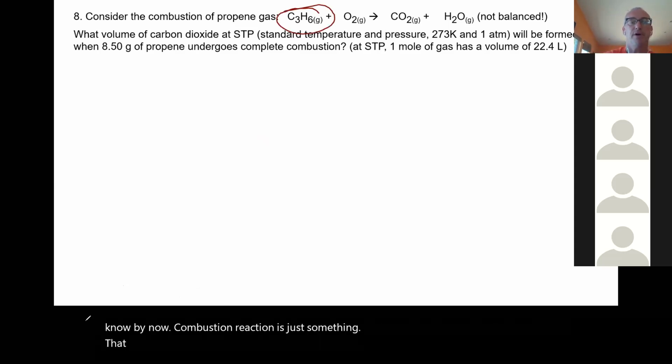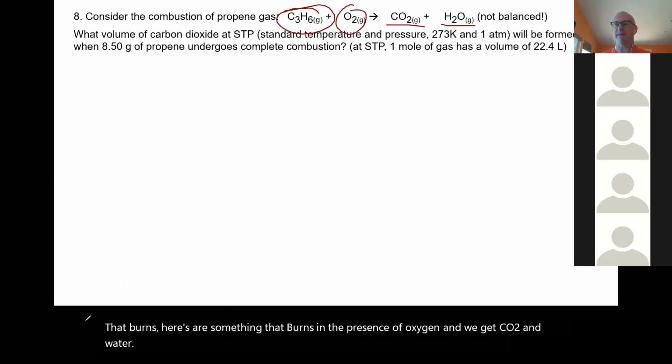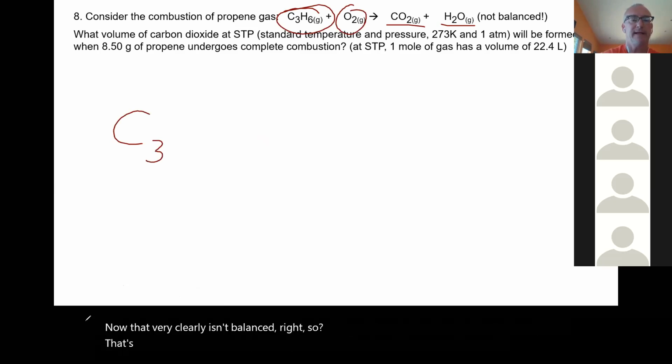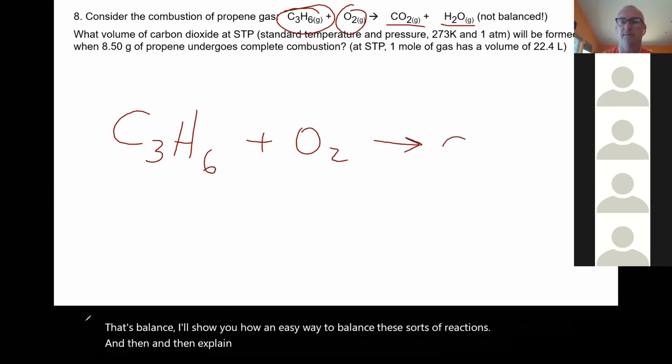Here's something that burns in the presence of oxygen, and we get CO2 and water. Now, that very clearly isn't balanced, right? So let's balance it. I'll show you an easy way to balance these sorts of reactions, and then explain what STP is.